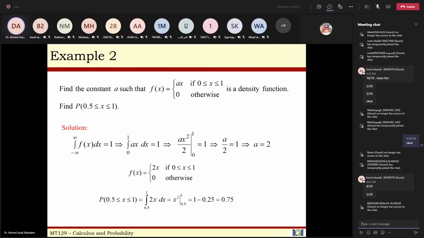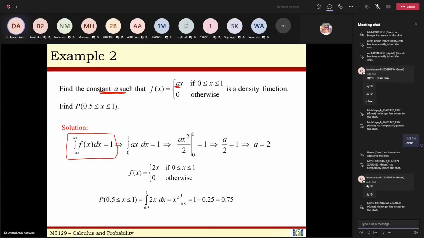This is a very important example. We need to find the constant A. We have constant A here. This is a probability density function, but we have unknown A. We must find the unknown A. Okay? How can we find it? By this formula.